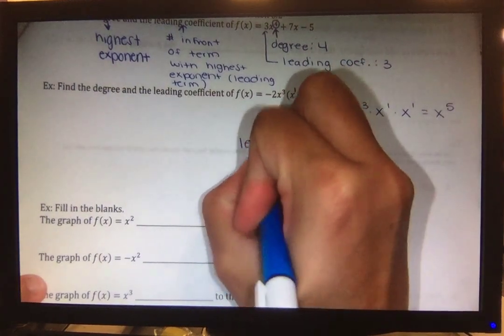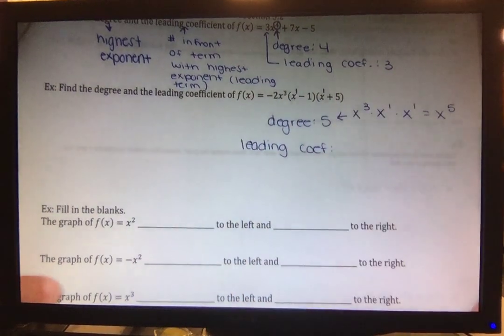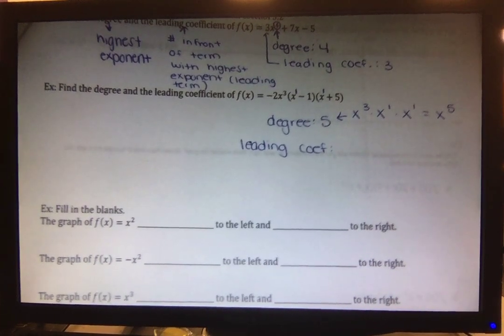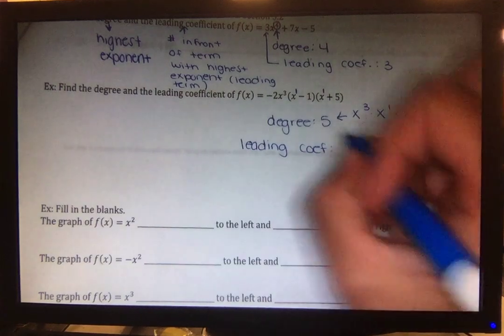Same thing. You have to think about if we were to distribute. 10. Close. Negative 10. Close. Just the leading coefficient, so just the number out front of the x to the 5th term. What? Negative 2. Good, thank you.